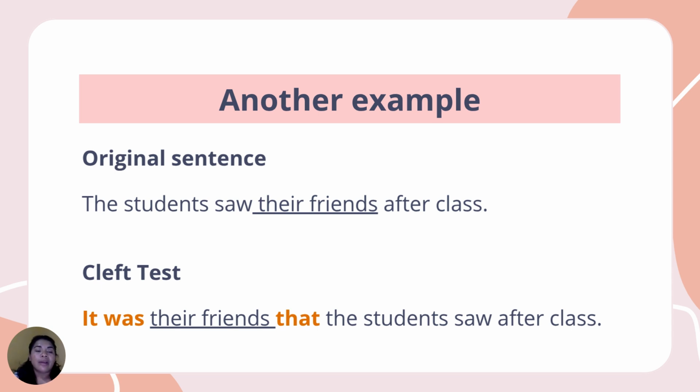We follow the formula: it was, the phrase "their friends," that, then the rest of the sentence: the students saw, and then we complete it with the phrase after the underlined word, after class. It was their friends that the students saw after class. If we read that, it is grammatically correct and sounds good, so "their friends" is a constituent.